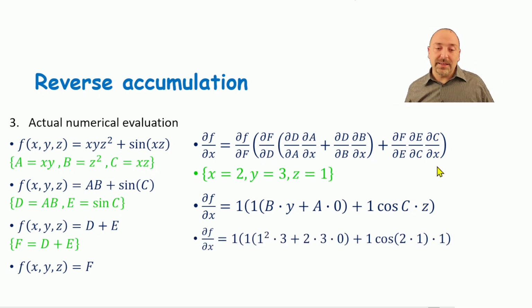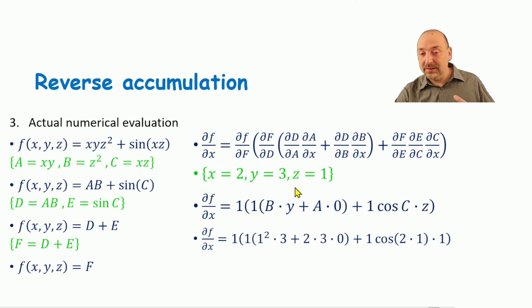Now we can substitute all the numbers. Remember that B is Z squared, so Z is 1 and you have 1 squared. Y is 3, that is here. And then you have A, that is X times Y, so 2 times 3, we plug it here. And then you have 1 times cosine of C. C is what?